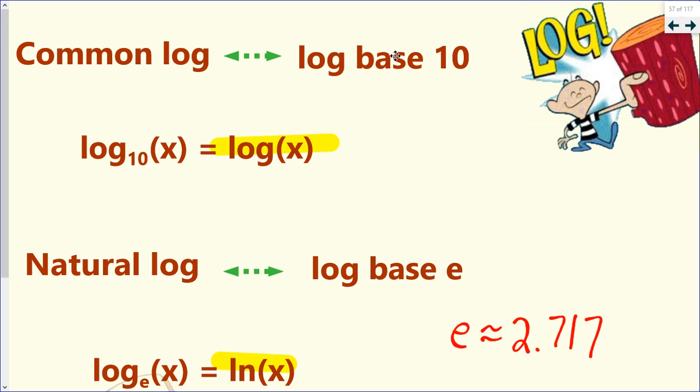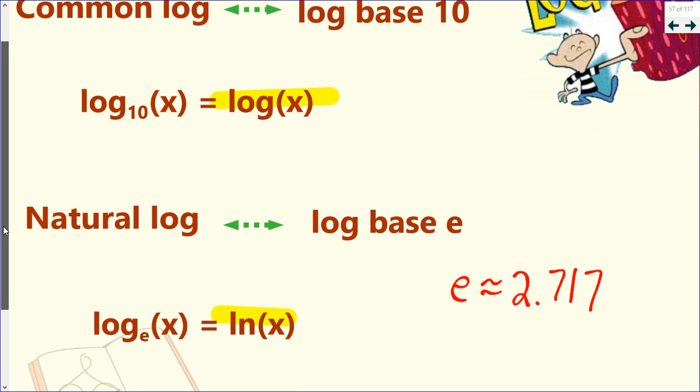And those are all powers of 10. 10 is 10 to the 1, 100 is 10 squared, 1,000 is 10 cubed, etc. So 10 is used so much in our counting system. If you do log base 10, that's called the common log. And actually, they allow you to write it as just log of x. So if you see a log without a base, that means it's base 10. And it's called the common log.